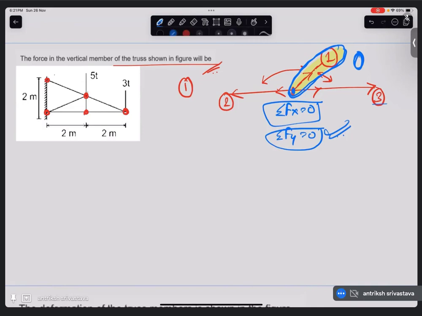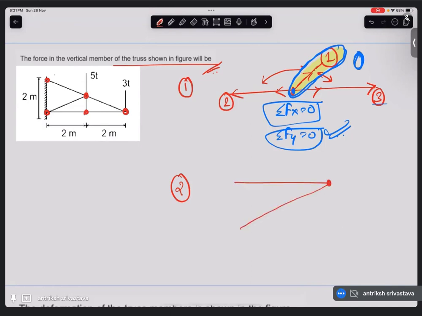Second point, if two members are meeting at this point, again no external load. Let me write also, no external load.